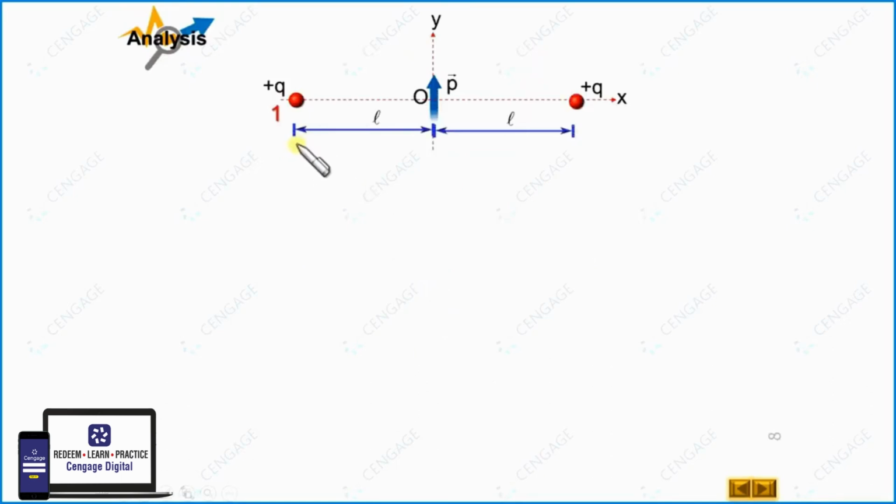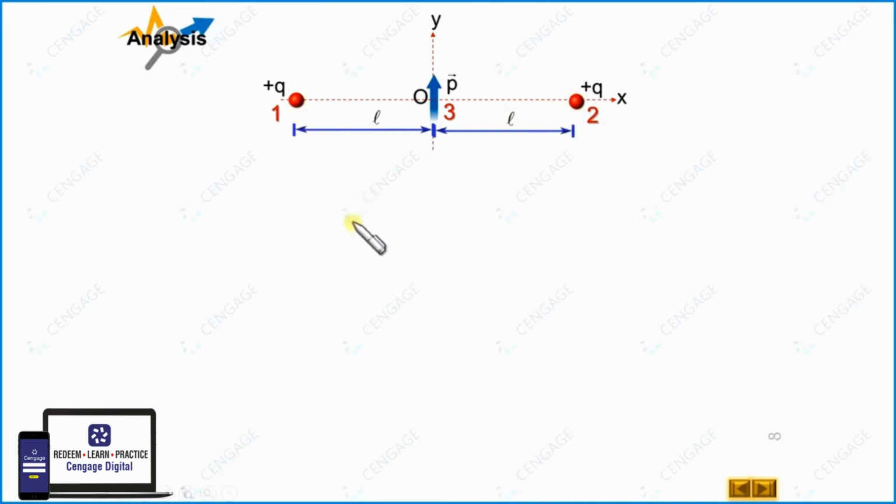Okay, and let us number this charged particle as 1, this charged particle as 2, and this is 3. We have 3 objects in our system. We are considering these 3 elements, two charged particles and one dipole, as a system, and we can observe here we are having three pairs, that is this charged particle and dipole pair, this dipole and charged particle pair, and this charged particle and this charged particle pair.